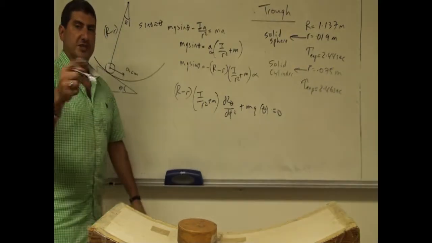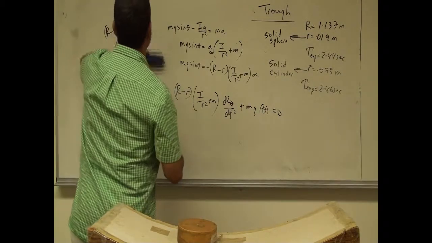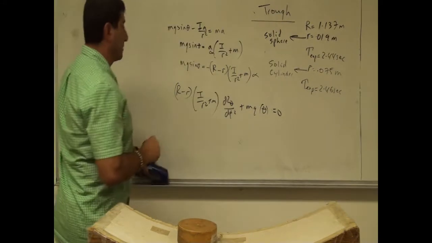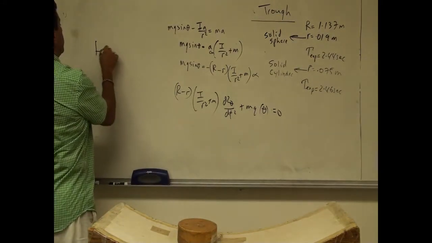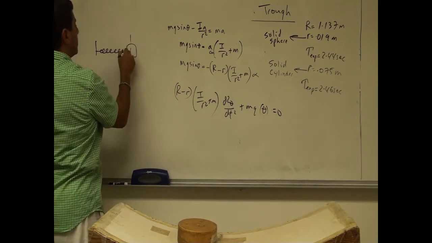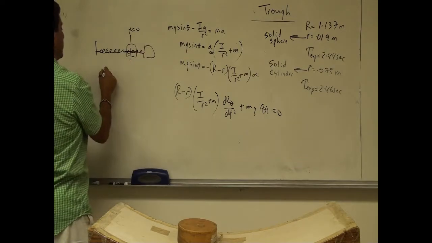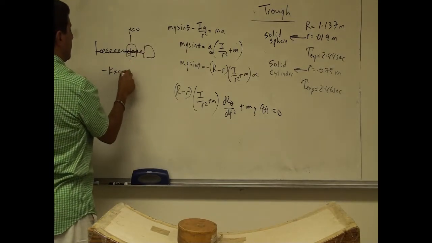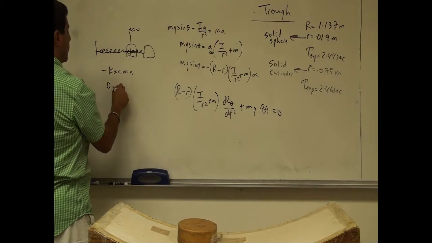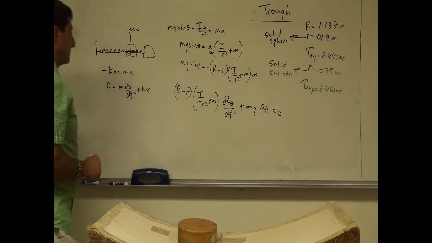Then I'm going to use the result that I have for any kind of oscillations, based on the spring problem. The block at the end of a spring, when it makes oscillations from the equilibrium point, we have negative kx equals ma, so 0 equals m times the second derivative of x with respect to t plus kx, right?